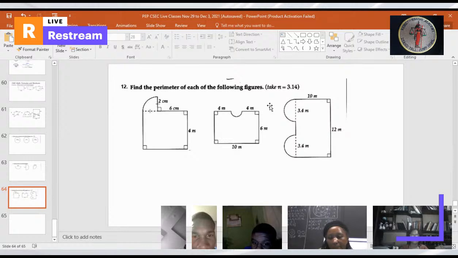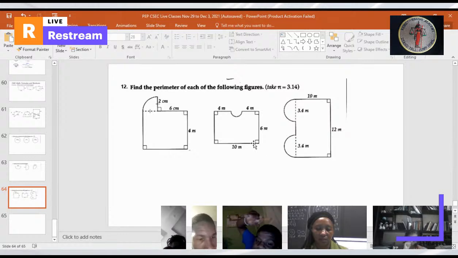Is it 47.1 meters? Miss, I got 32. 32 what meters? What did you add? Miss, I added 10, plus the 4 and the 4 and the little curve is 2 meters.